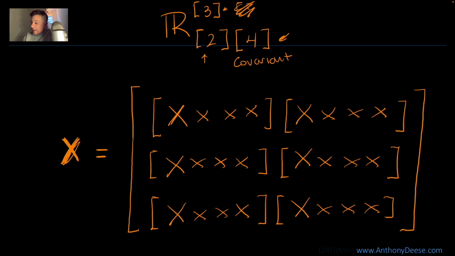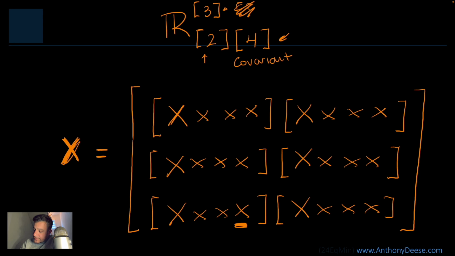And we would index them in a similar way. So let's take a look at one value. Let's say we wanted to index this one right here. I'm going to write it up here. That would be X. What is its only contravariant index? There's only one description of row, and so it's on the first, second, third row.